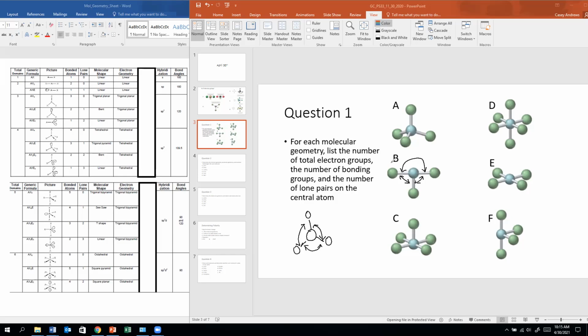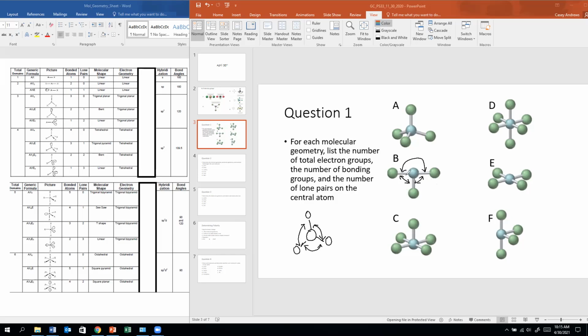Now, once we realize that, the next thing to do is to look at this sheet. What I do is I look at the pictures and figure out what image in my picture column corresponds to this atom.